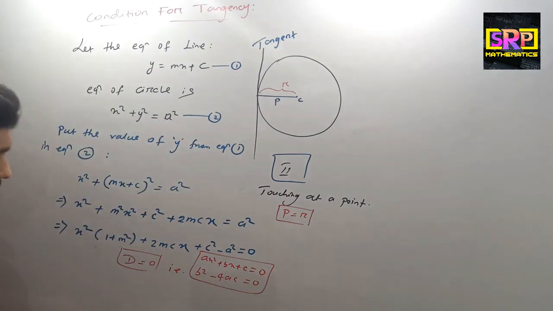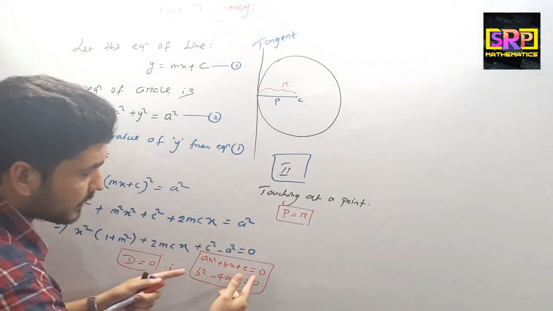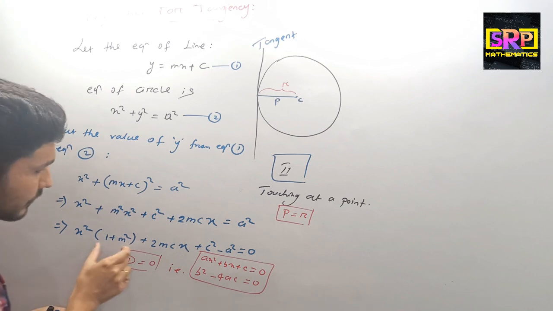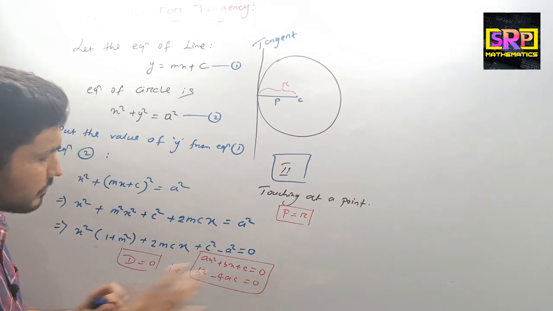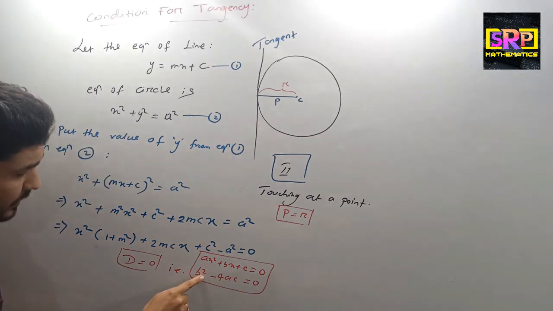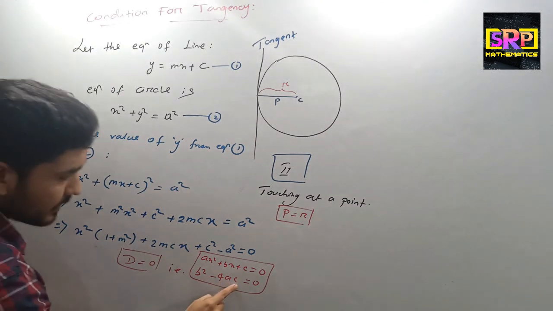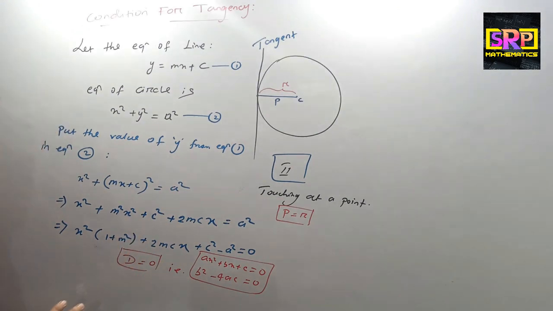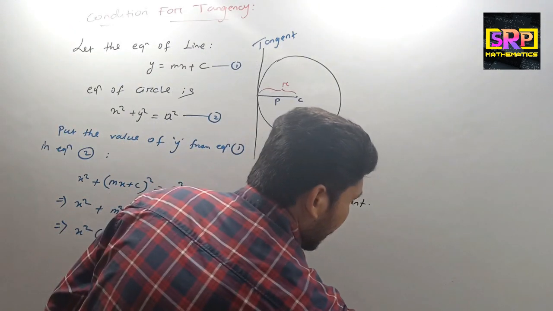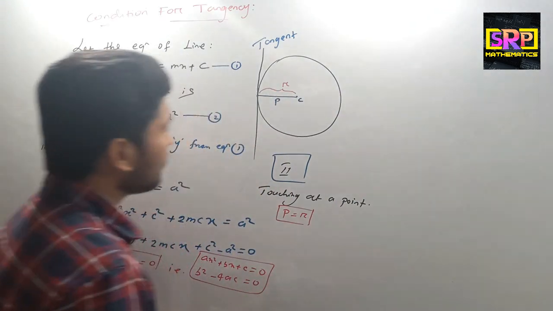So now we'll compare this equation with ax square plus bx plus c equal to 0, and we'll put these values here and equate to 0. If you see, our b is 2mc, a is 1 plus m square, and c is c square minus a square. So let's go to that part. We can erase this, it's not necessary now.